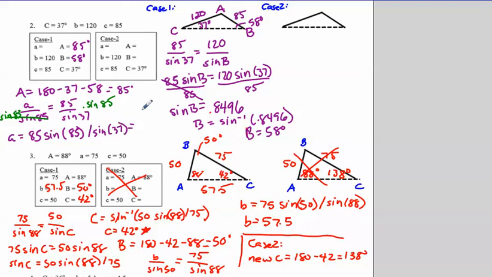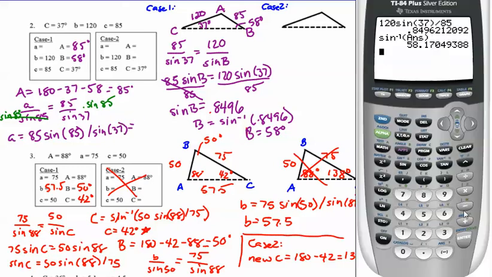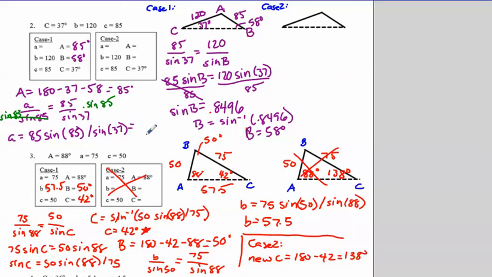Okay, and we'll put that in the calculator and see what we get. 85 sine 85, close parentheses, and divided by sine 37. Alright, so I get 140.7. And that goes here.